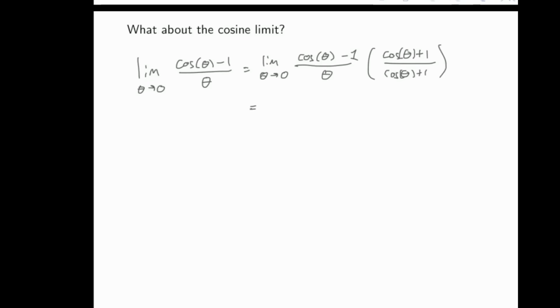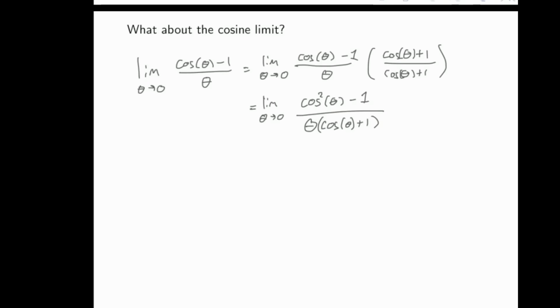And the reason why I'm doing that is because the numerator becomes a difference of squares. So this should be the same thing as the limit as theta goes to 0 of cosine squared of theta minus 1, just by expanding the numerators out. And in the denominator, I have theta times cosine of theta plus 1.